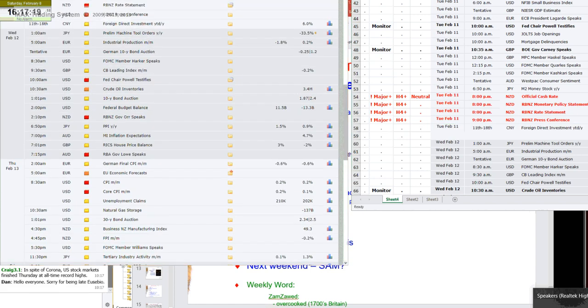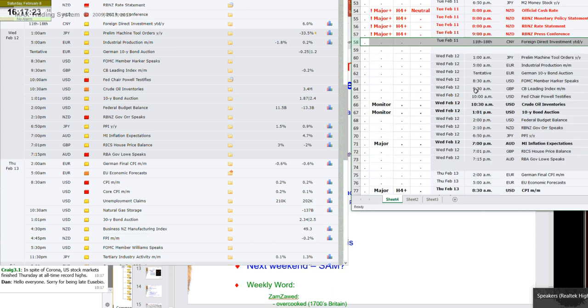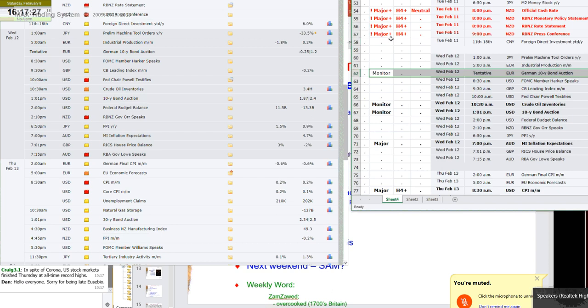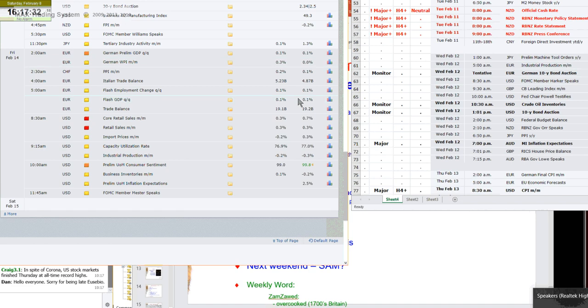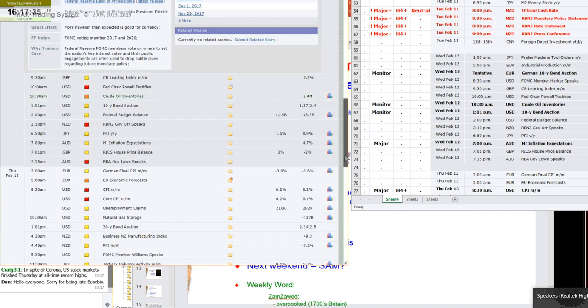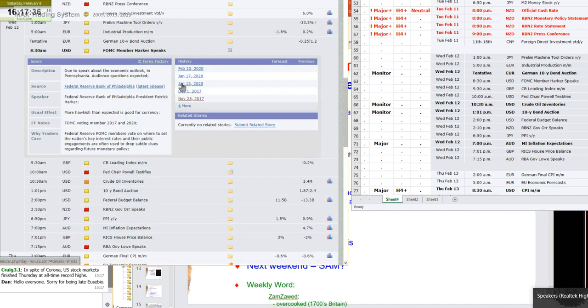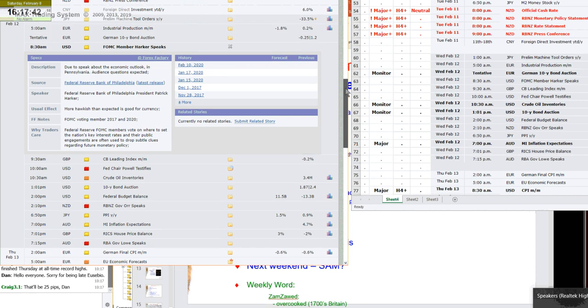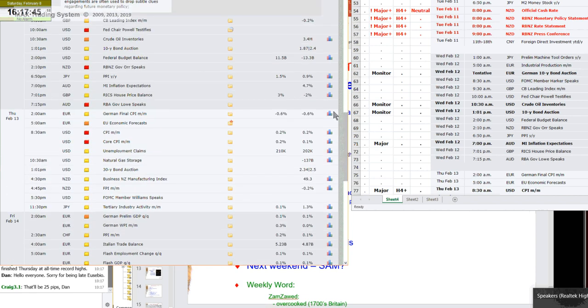On Wednesday, monitor the German 10-year bond auction for the traders who trade bonds. Okay. Then we have Harker. It's jumping around now. Due to speak on the economic outlook in Pennsylvania, no, let's forget. I'll just scroll down because it's likely to jump the page.